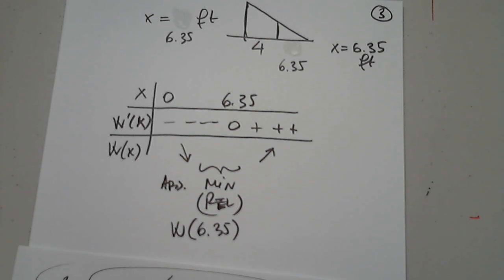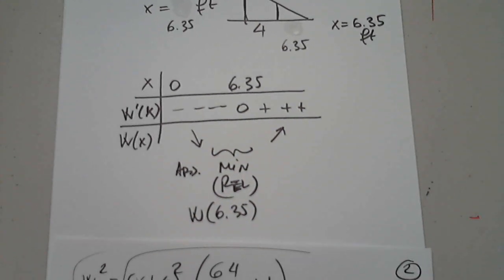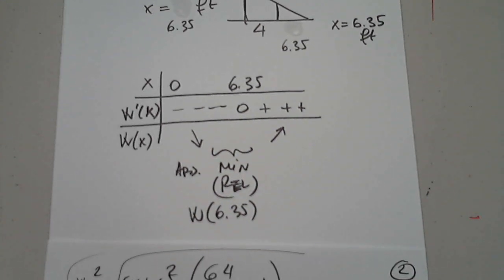Good. Okay, in y equals, we want to plug in x plus 4, close, the square root of 64 over x squared, and close.